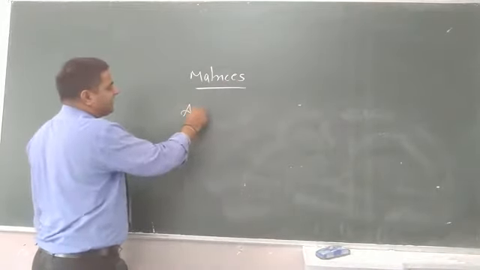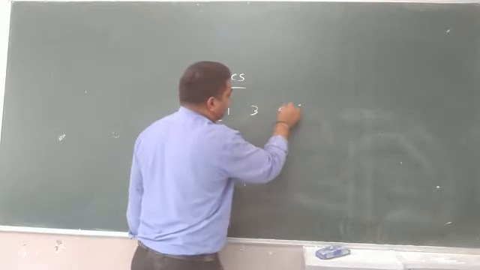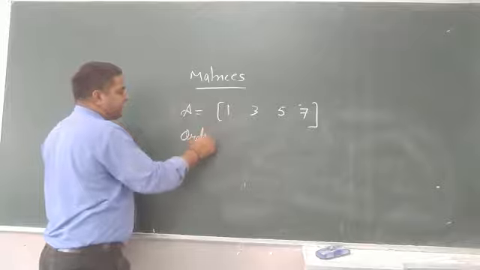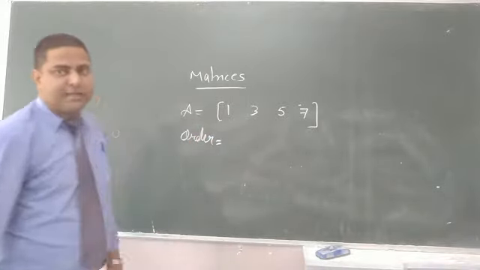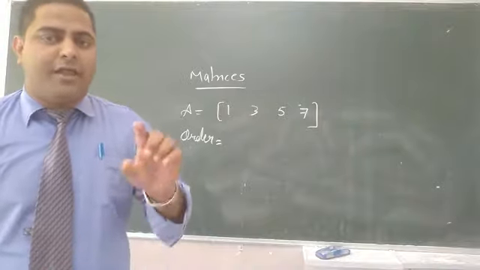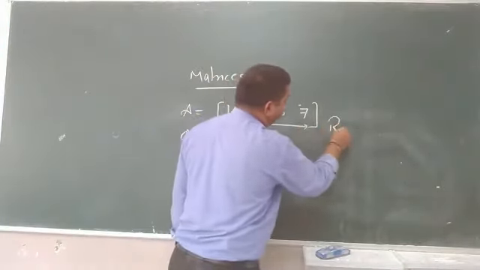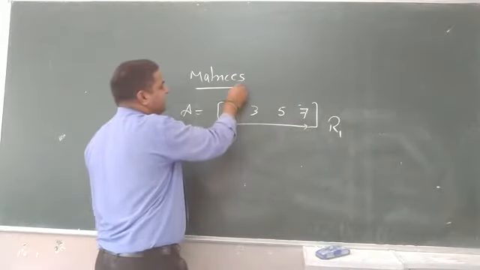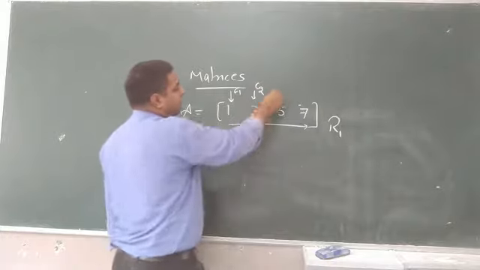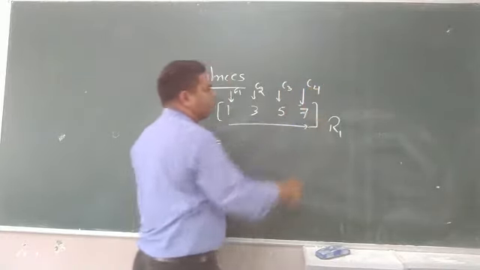Let us take a matrix A having numbers 1, 3, 5, 7. Now what is the order of this matrix? How many rows and how many columns does this matrix have? If you see, this matrix has only 1 row, and the columns are C1, C2, C3 and C4.